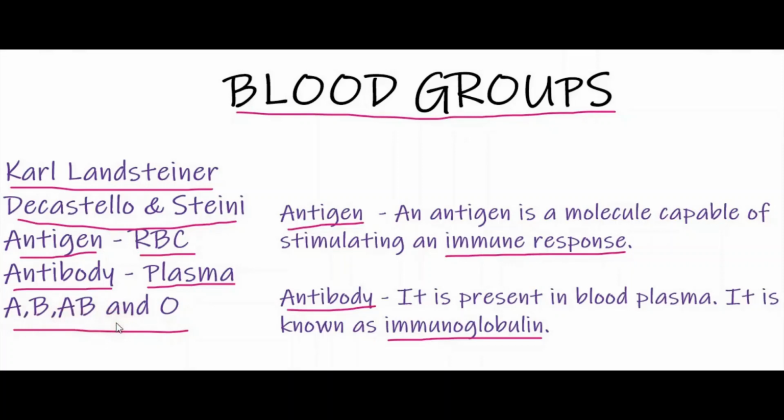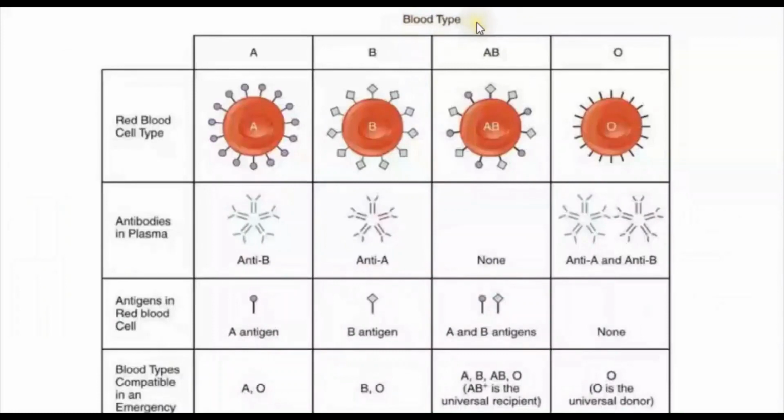An individual has any one of the 4 blood groups. First, the A group individuals. In A group individuals, antigen A is present on the surface of the RBC, and antibody B, that is anti-B, is present in the blood plasma.